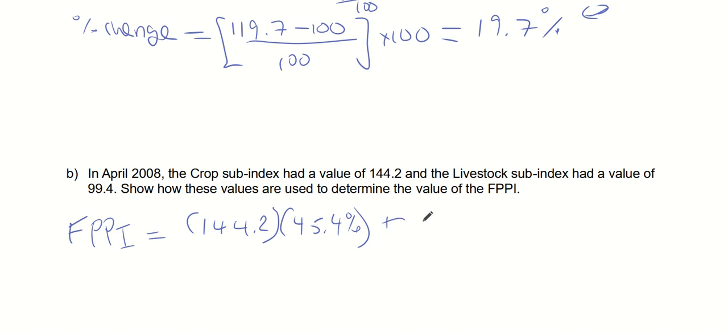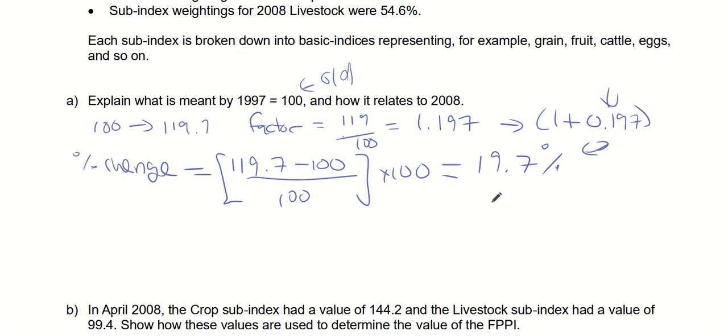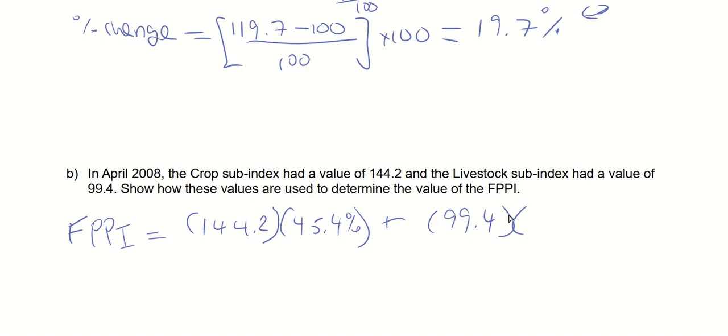And over here, it's going to be 99.4, and we multiply by its weighted value, and I believe if you look up here, its weighted value is 54.6%.